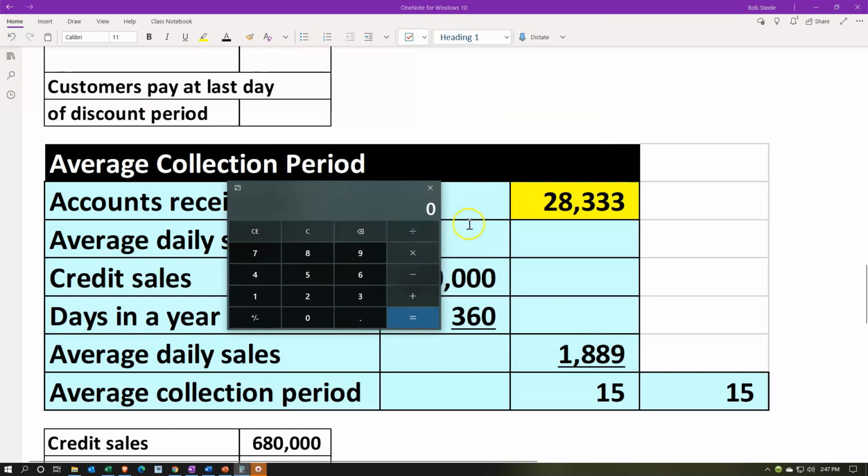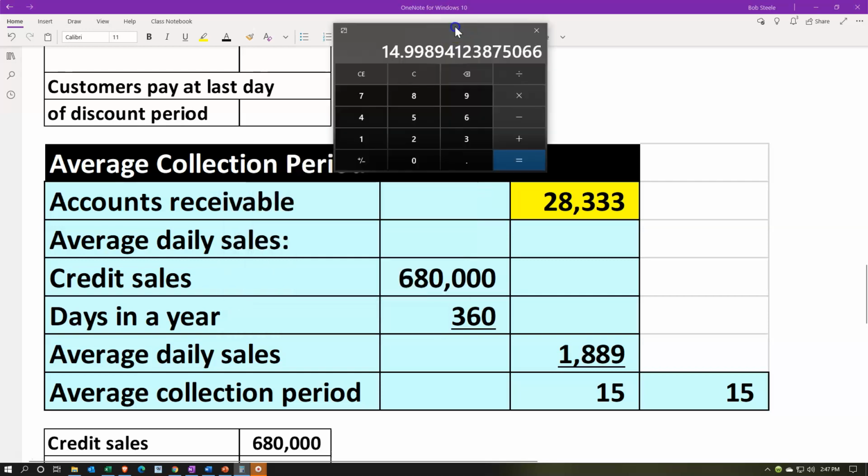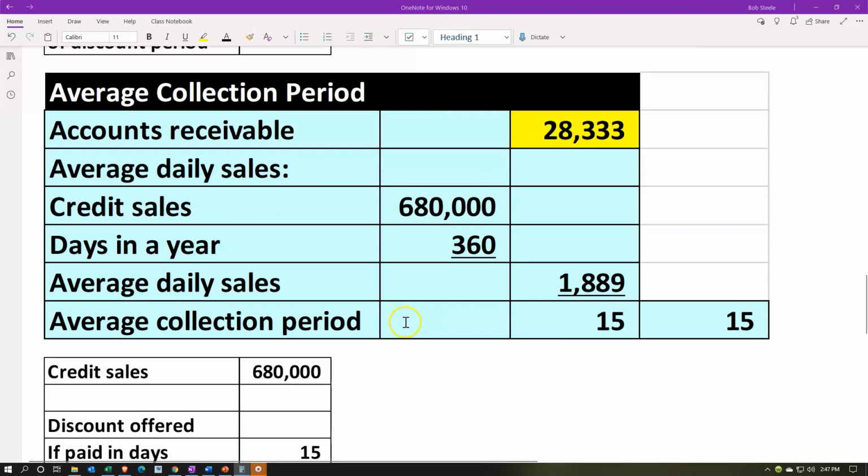So if we were to solve for that, we would take the 1,889 about times 15. That would give us about the 28,333. If we want to double check that, we could take the 28,333 about divided by the 1,889 about, which gives us about 15. So that's going to be our average collection period. That allows us to back into the accounts receivable.